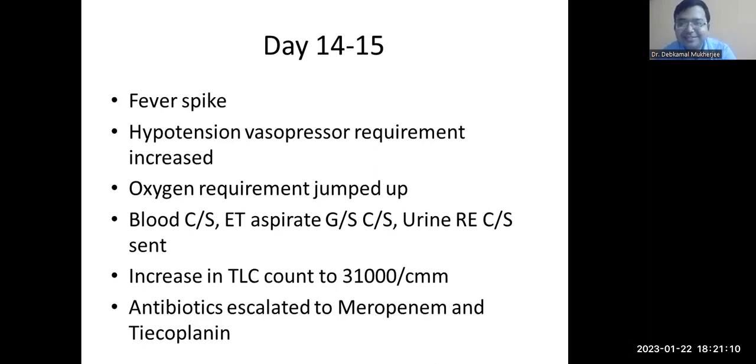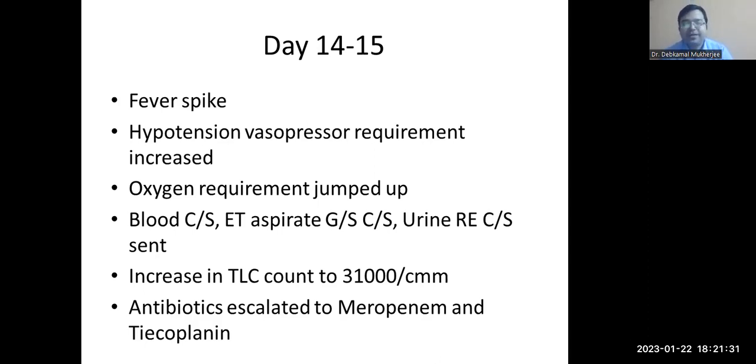So this patient was in our ICU for approximately 14 to 15 days. And as many of our patients do after this amount of stay in our ICU, he developed a fever spike, his hypotension occurred, his vasopressor requirement again started coming up, and his oxygen requirement was also jumping up.